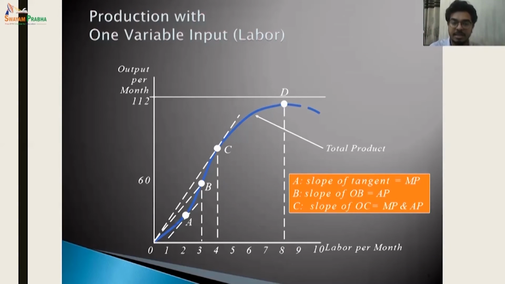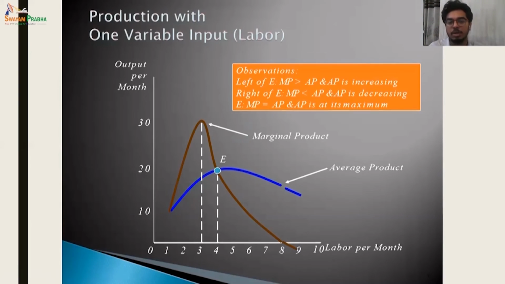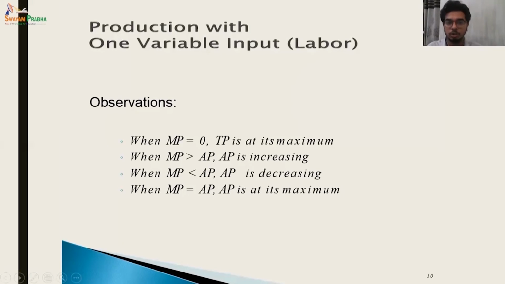You can see this is on point C, the fourth labor, and if you observe, over here on the fourth labor, my average product is equal to the marginal product. So certain observations for production with one variable input, over here labor: we have observed that marginal product equals 0 when total product is at its maximum.